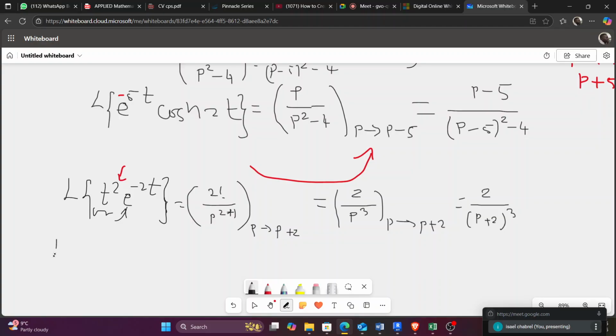Do you guys agree that if I take Laplace of t sine, let's say t sine t, do you guys think that we can have the first translation property here? Nope. Why?